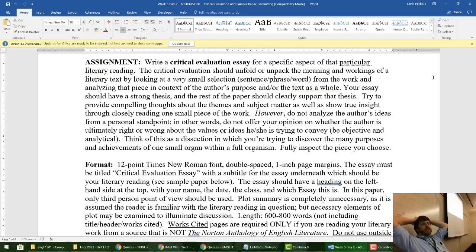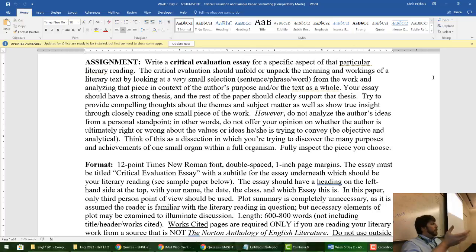So basically, it's like you're dissecting. Think of this literary work as an organism. You're dissecting it, and you found this one little piece that you've chosen, like the thyroid gland. How does the thyroid gland contribute to the whole? How does it keep the whole body going and establish the whole body's purpose with this one little piece of something that seems like it wouldn't do anything?